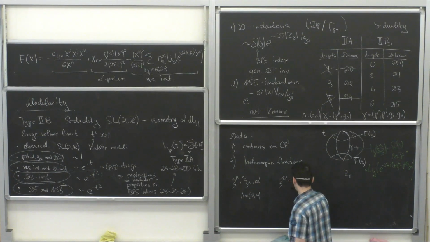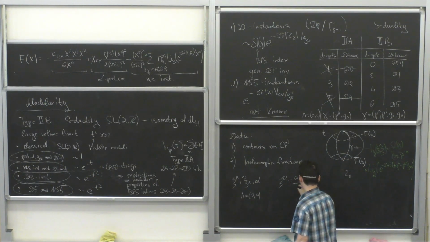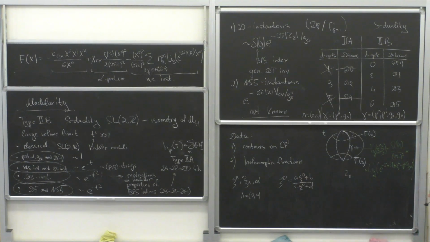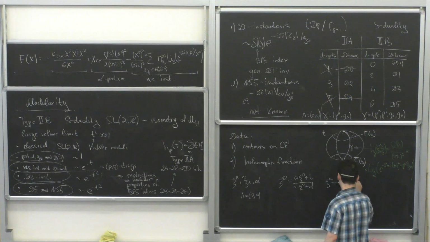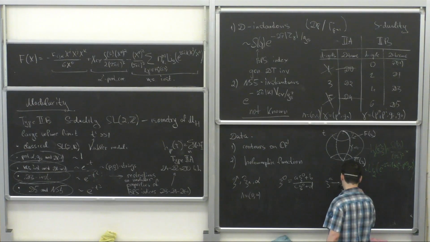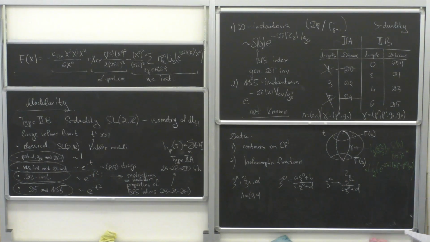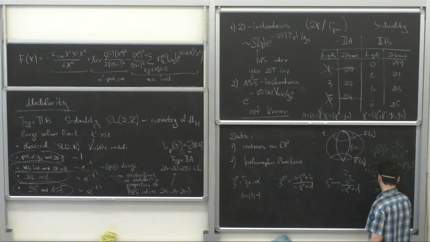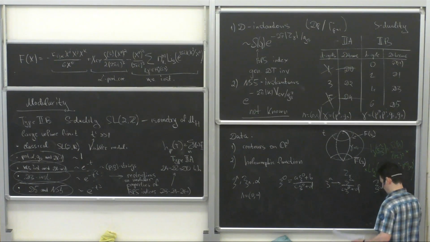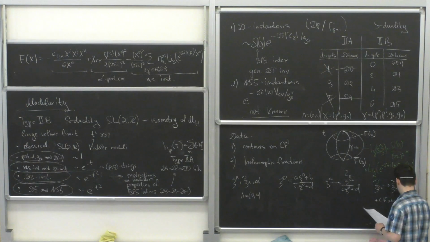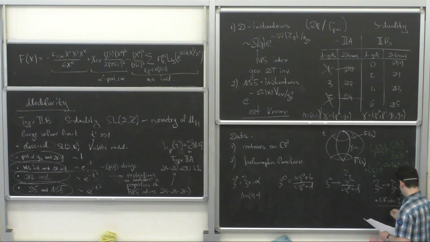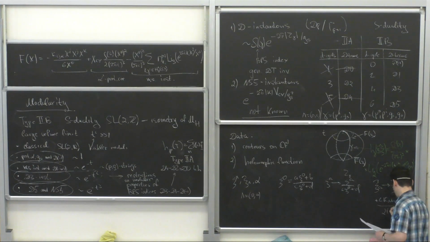So psi 0, you immediately recognize, transforms like a modular parameter. And psi A transforms like an elliptic variable. And psi tilde A is not completely invariant, but almost: kappa ABC psi B psi C, where kappa ABC are intersection numbers of the Calabi-Yau.